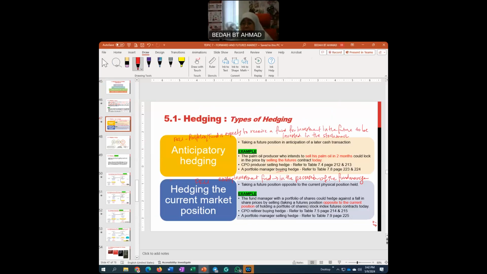The fund manager needs to hedge against a fall in the share price by taking futures positions opposite to the current holding of the portfolio of shares. If in the cash market the fund manager wants to sell, then in the futures market the fund manager will take the opposite position, which is buying the futures contract.